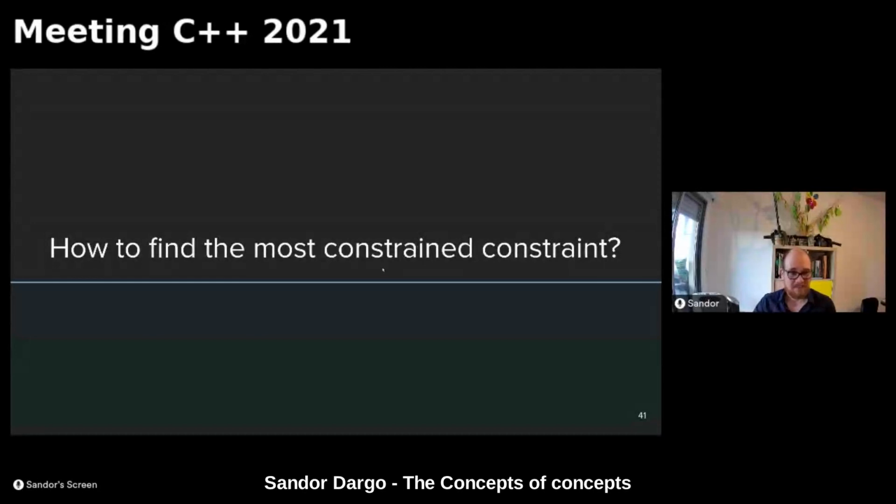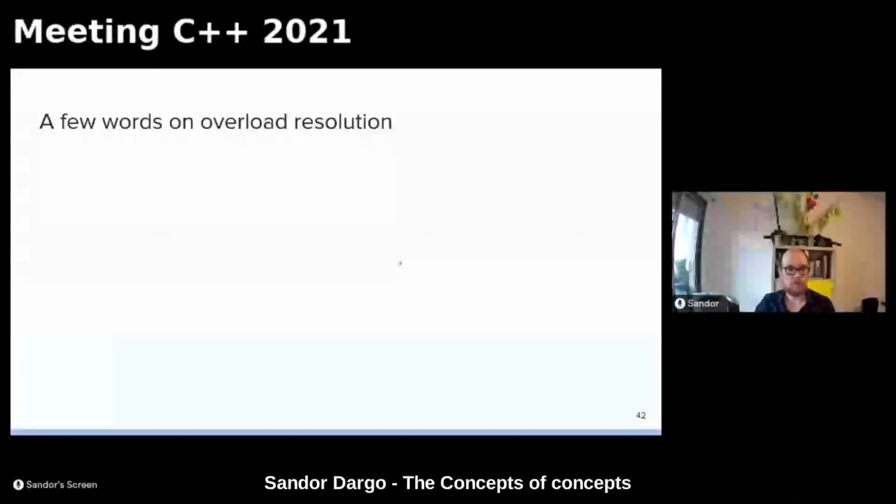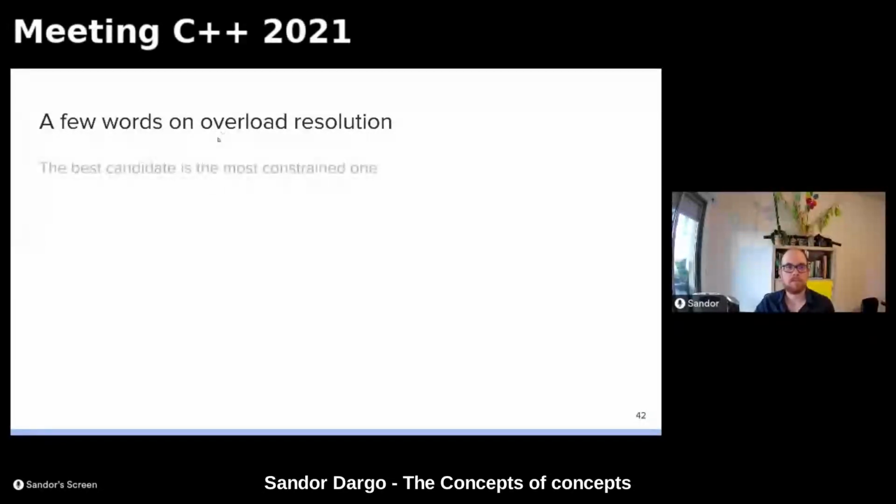And now let's discuss how to find the most constrained before we go back to write our own constraints. So we have to say a few words on overload resolution. It's always the most constrained candidate that is the best.